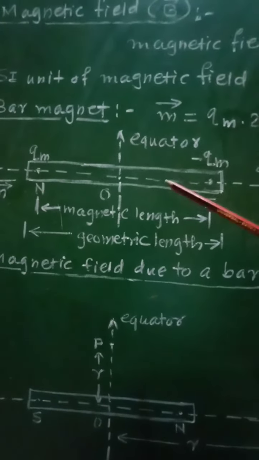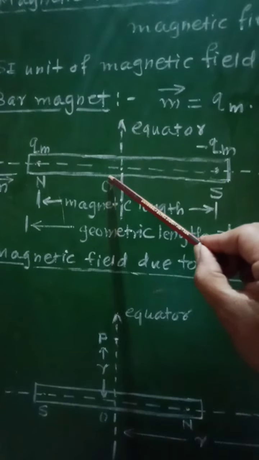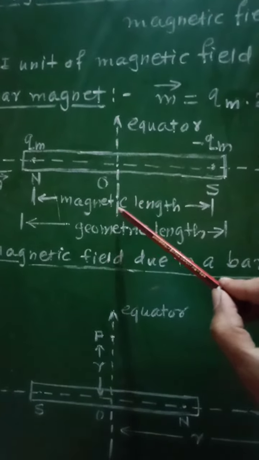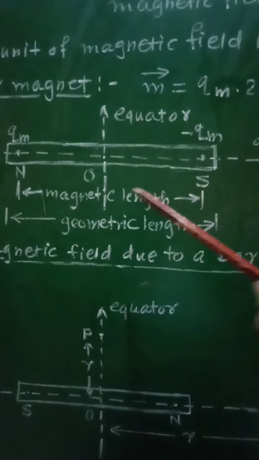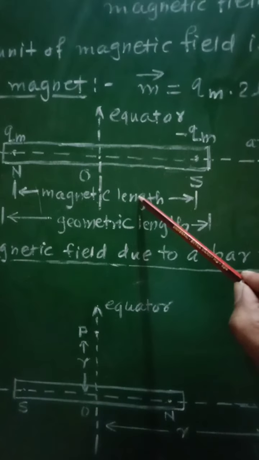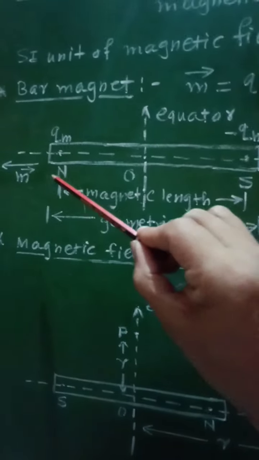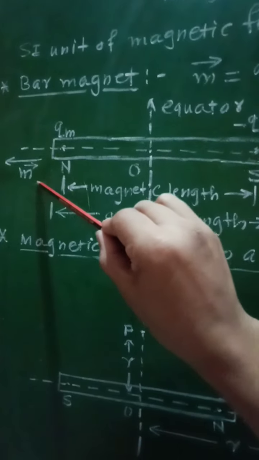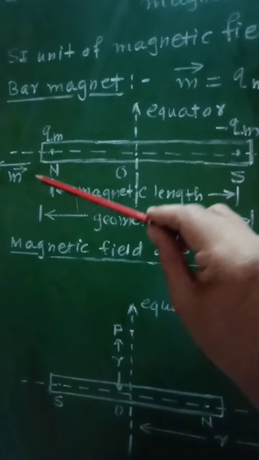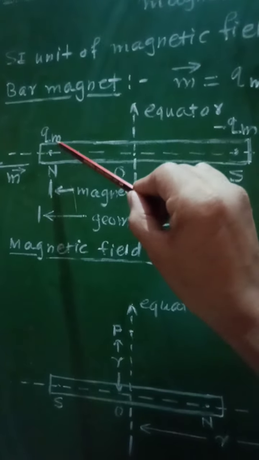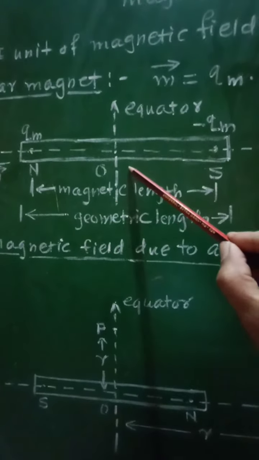Now, the distance of separation between North Pole and South Pole is 2L, which is also called magnetic length. So the distance of separation between N and S poles, that is magnetic length, is denoted by 2L. From this, the magnetic dipole moment is defined as the product of pole strength of one pole, that is Qm, and the magnetic length of the bar magnet, 2L.